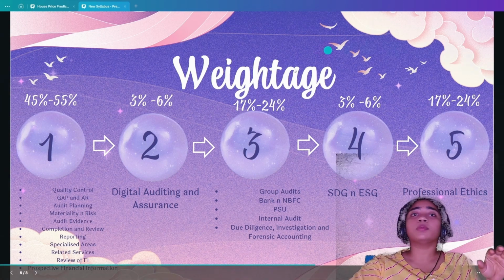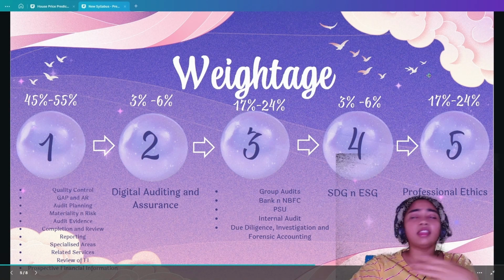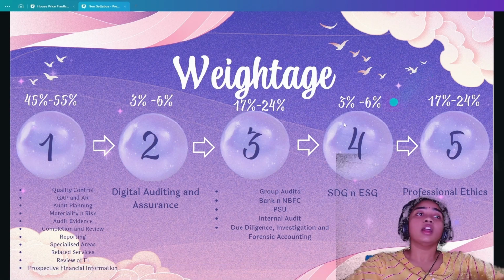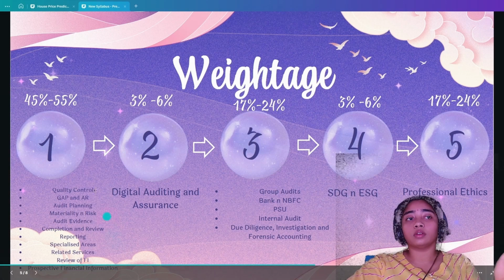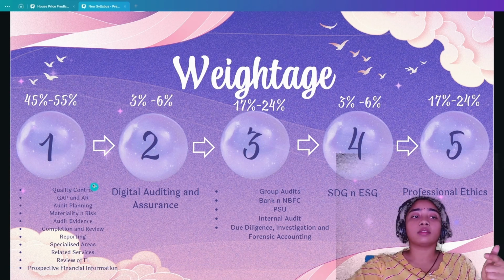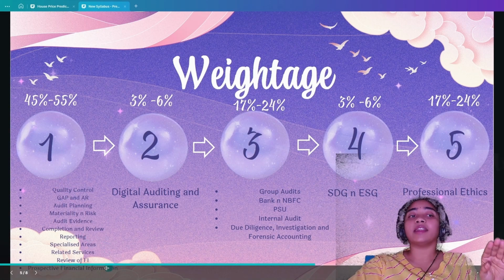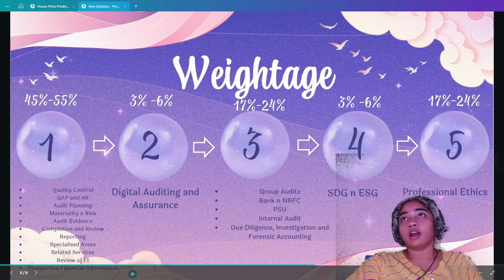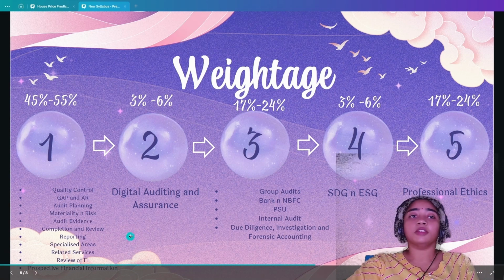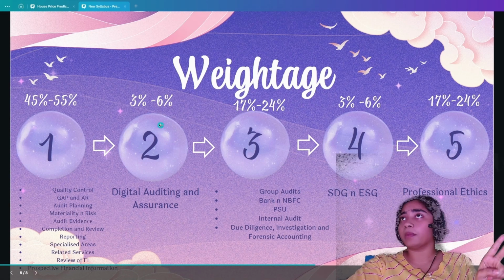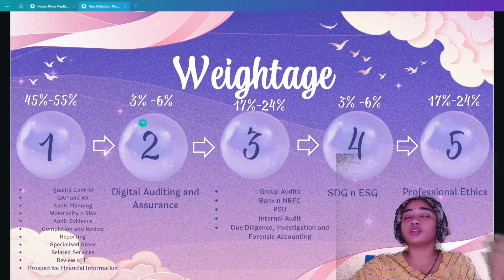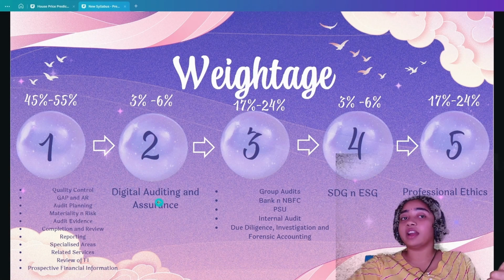Okay. And this was the weightage that was given by the ICAI. I had not given this weightage. On an average, 50% of your audit paper consists of all the chapters in the audit cycle and all the newly added ones, 800 series, SREs, and SAE. And a single 4 mark question, which is on average 5%, is digital auditing, that one question, and SDG and ESG, one question.